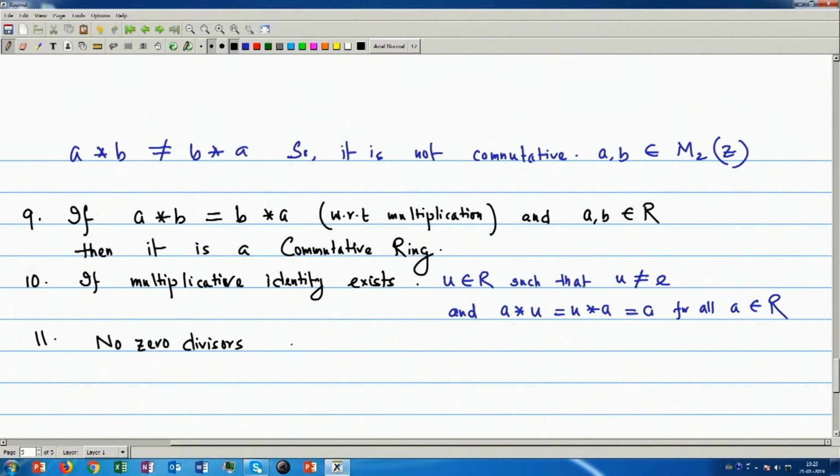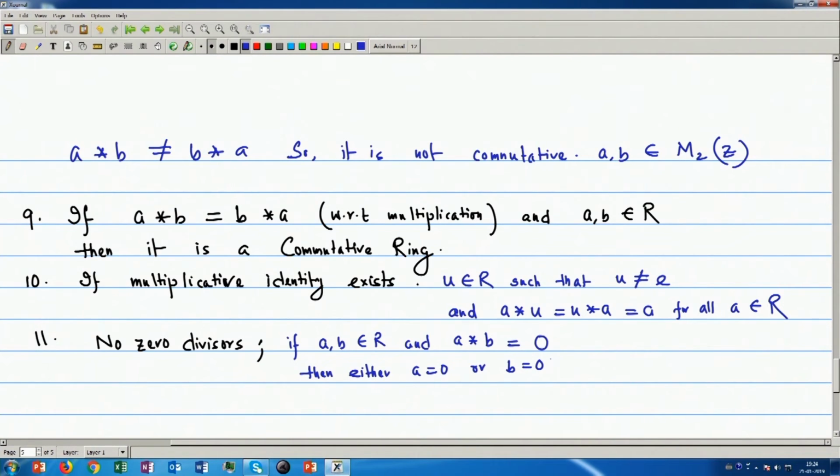That means, if A and B belong to R and A star B equal to B star A equal to 0, then either A equals 0 or B equals 0.